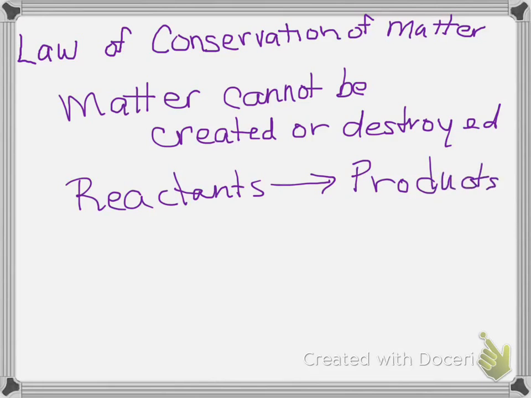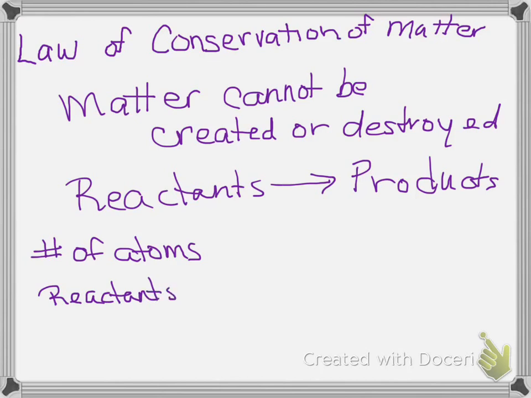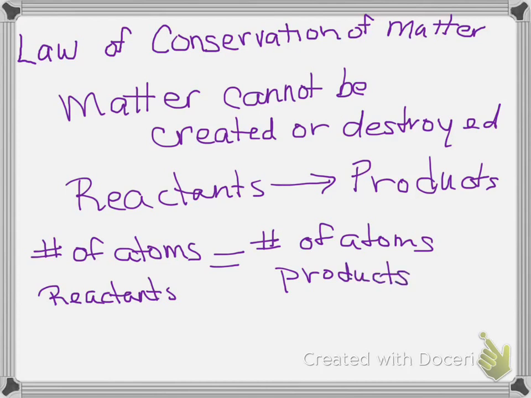What the chemical law of conservation of matter means is that the number of atoms in the reactants must be equal to the number of atoms in the products. Which makes sense because we said matter cannot be created or destroyed.